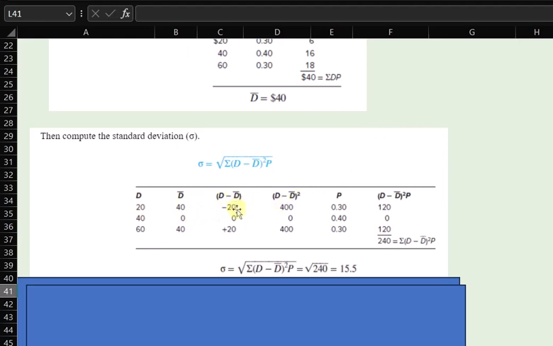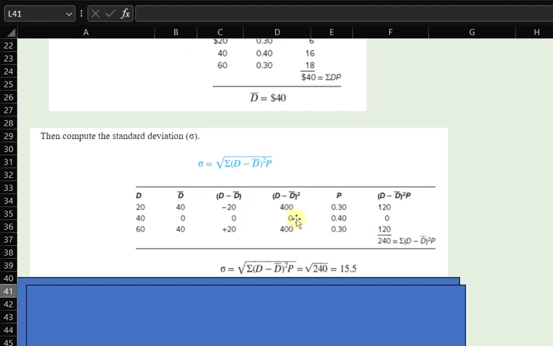We calculate the difference. Then we square the difference. So if that was negative 20 times negative 20, raised to the power of 2, negative 20 times negative 20 always will give us a positive value.